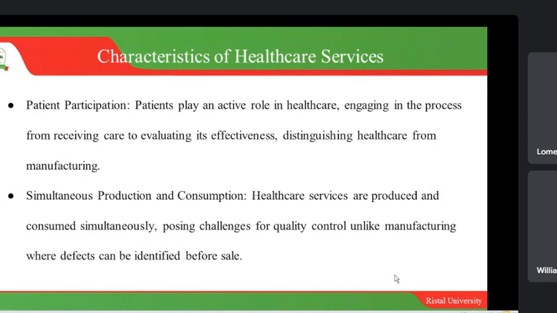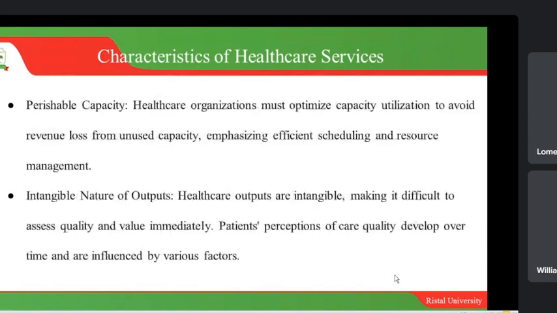So here it is a bit different. The production and consumption of healthcare services is done simultaneously. So there are risks that we could encounter with such an activity. Other characteristics are perishable capacity, and we are saying healthcare organizations need to optimize capacity utilization.